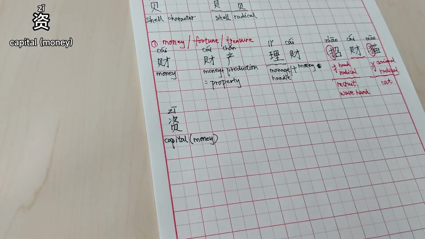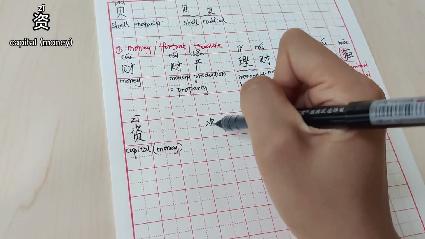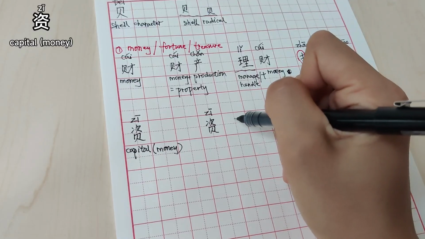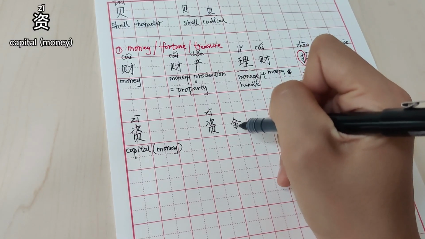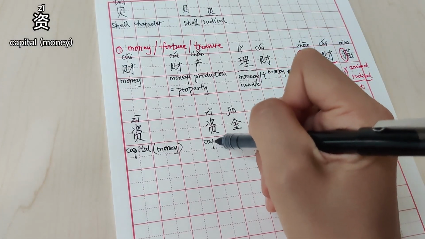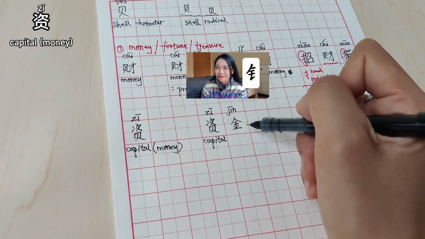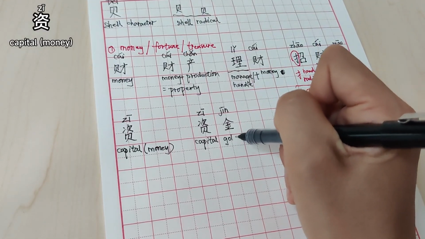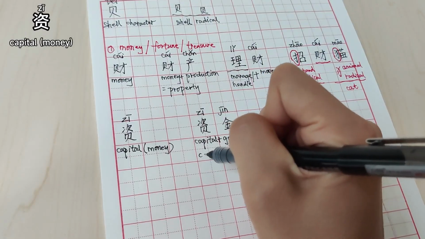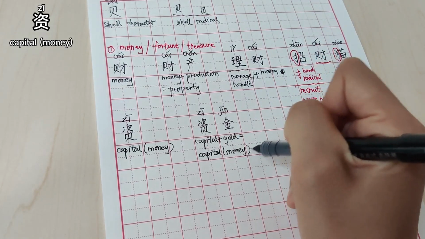For example, you can say 资金, capital. And the 金, we just mentioned it in the metal radical videos. The 金 is gold. And 资金 together just means capital, the money in general.